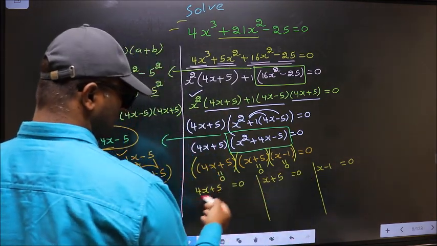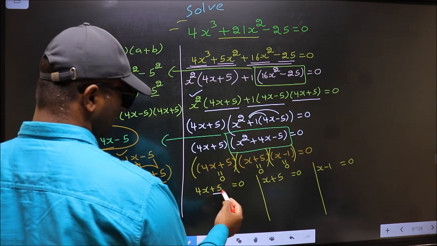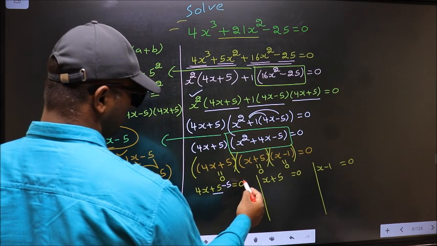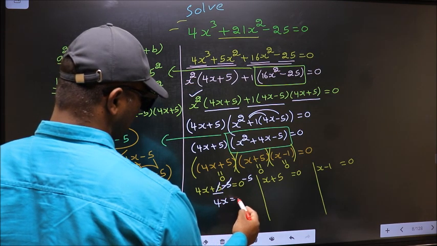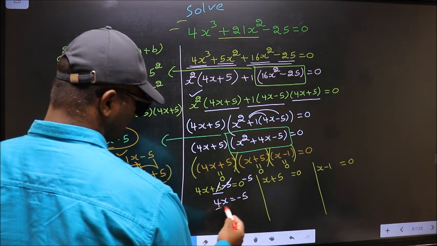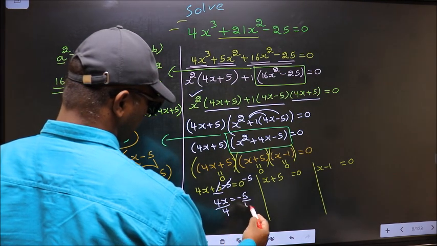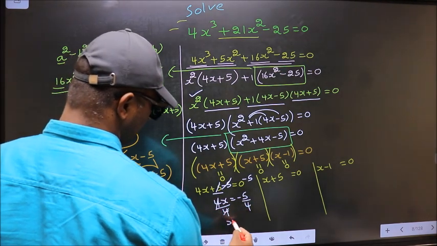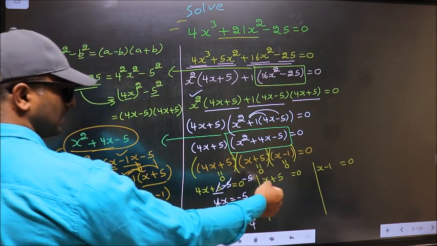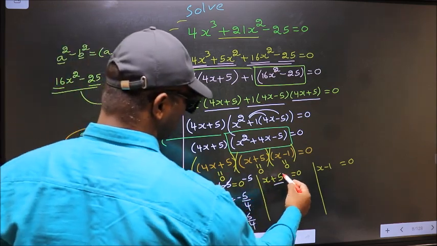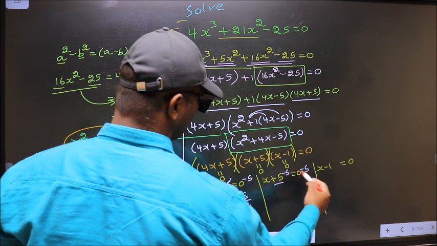Now to get the x value from here, we should remove +5, so you subtract 5. You get 4x = -5. Now we should remove 4, so divide by 4. You get x = -5/4. Now here we should remove +5, so you subtract 5.